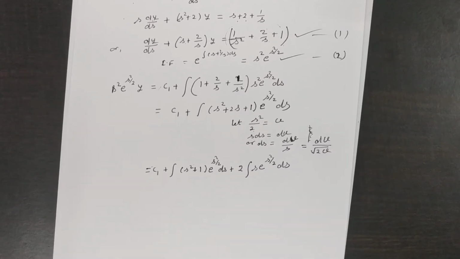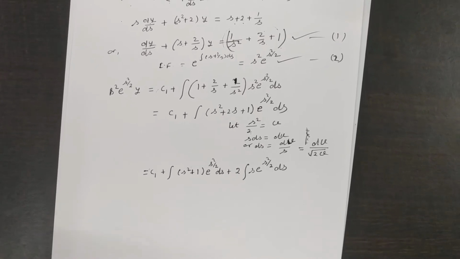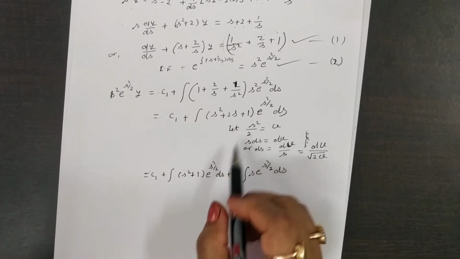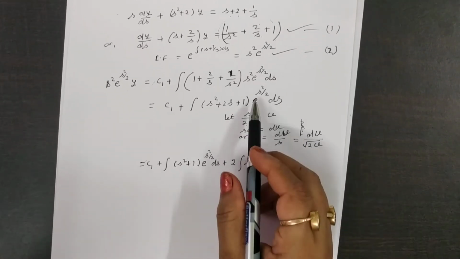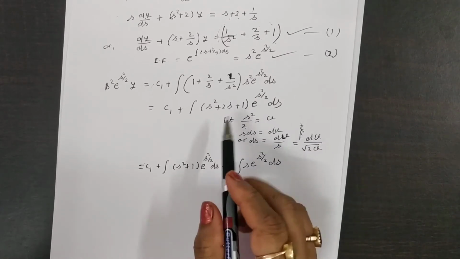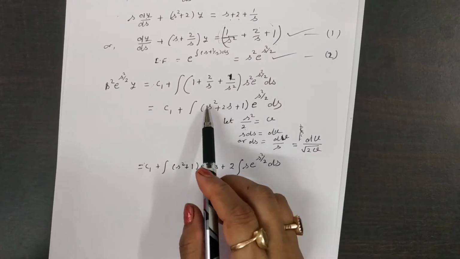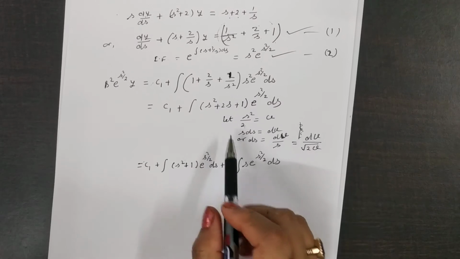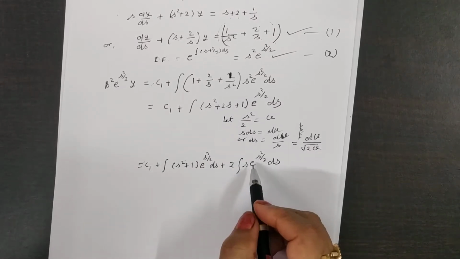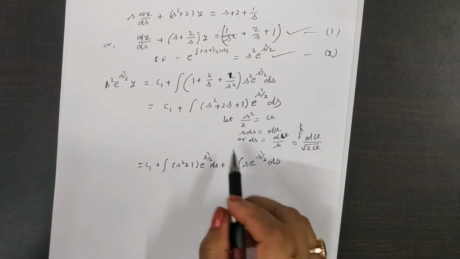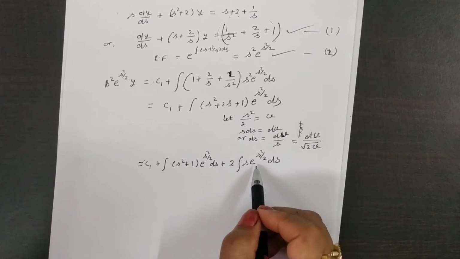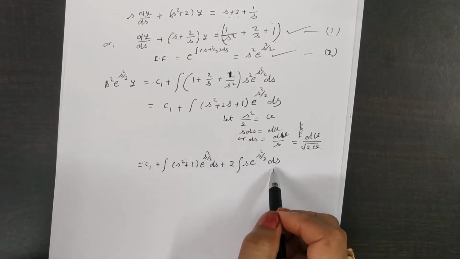Is that clear? Taking this to be s square plus 1, s square by 2, here the form is 2 1, so this one is equal to plus 2 s e to the power s square.